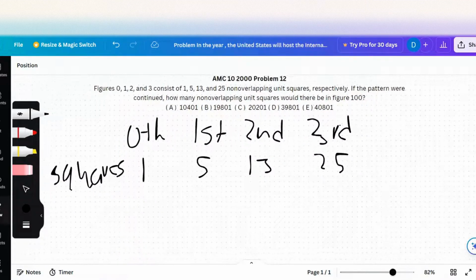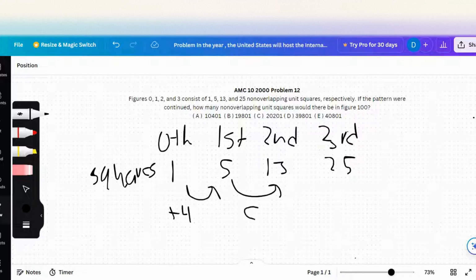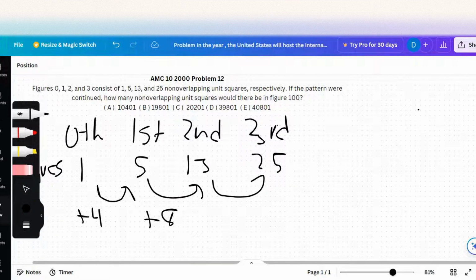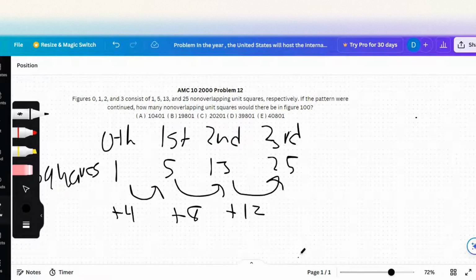So, what do we see here? Between the 0th term and the first term we're adding 4, between the first term and the second term we're adding 8, and between the second term and the third term we're adding 12. What do you see here?